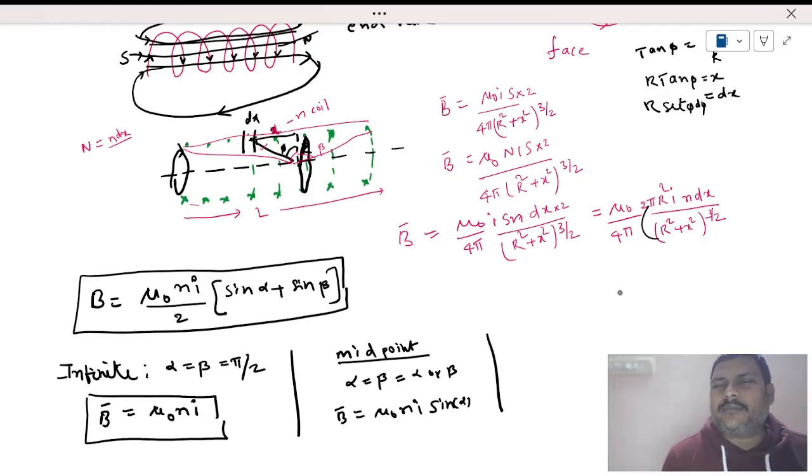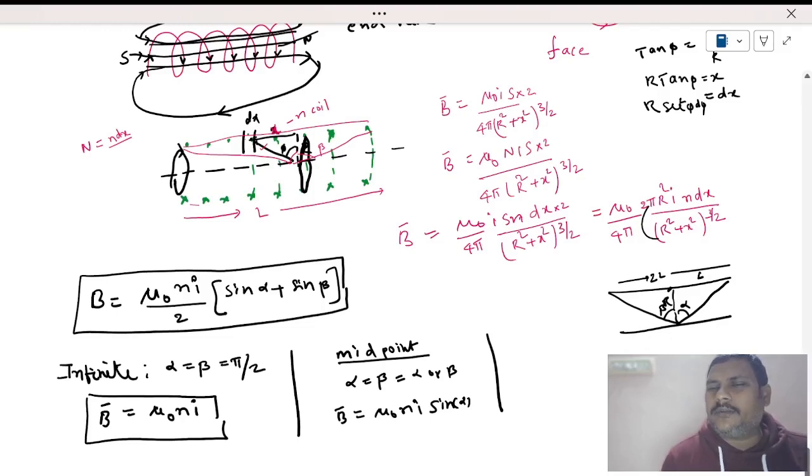If you take the diagram, this is a solenoid of coils, of finite length, and the point is at the midpoint. Alpha and beta are equal, and sin alpha is equal to the half length over the slant distance, where R is the radius of the solenoid coil. Suppose the total length is L, then this is the midpoint, alpha is equal to beta, and this is L by 2.